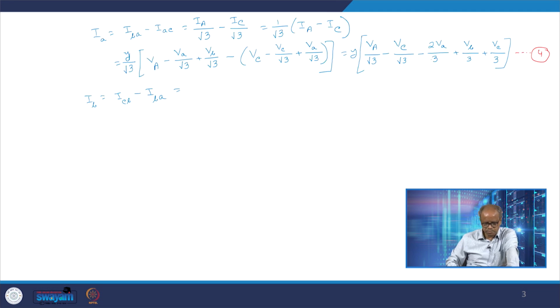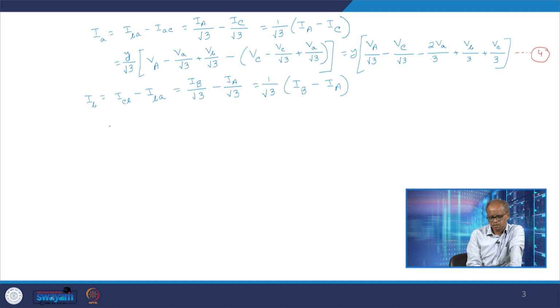So it is IB by root 3 minus IA by root 3, that is 1 by root 3 into I capital B minus I capital A.